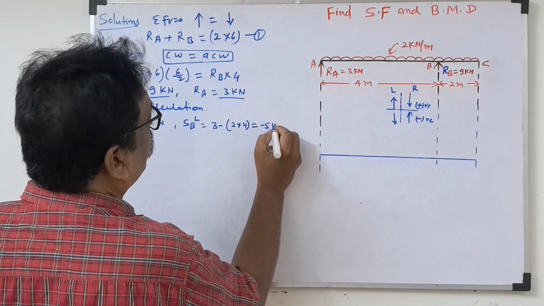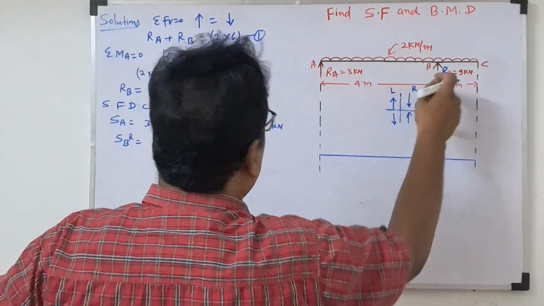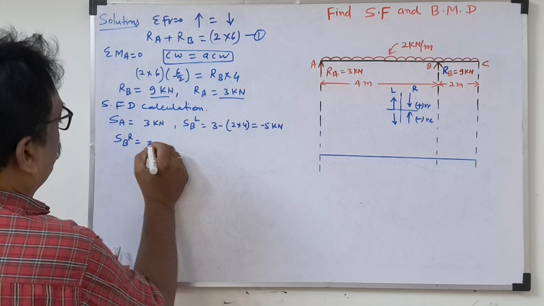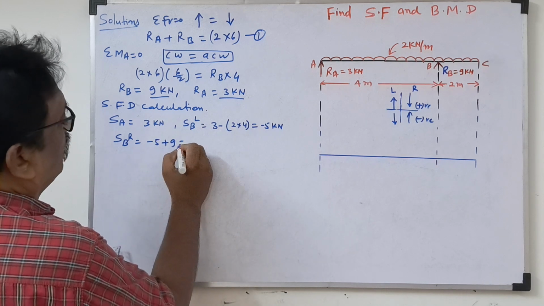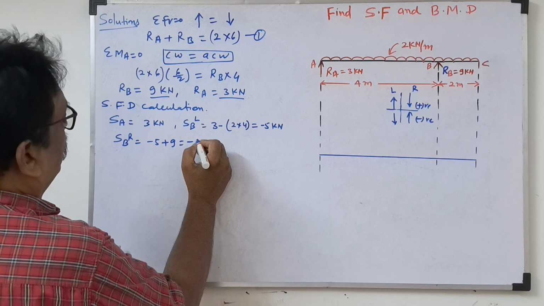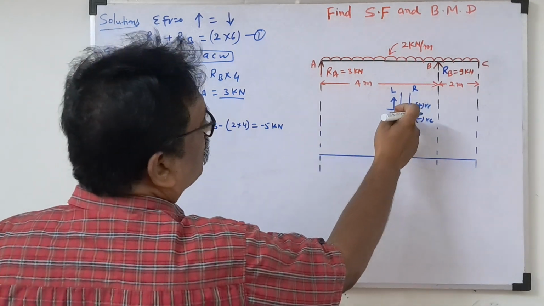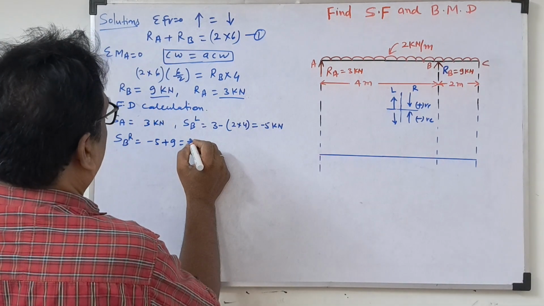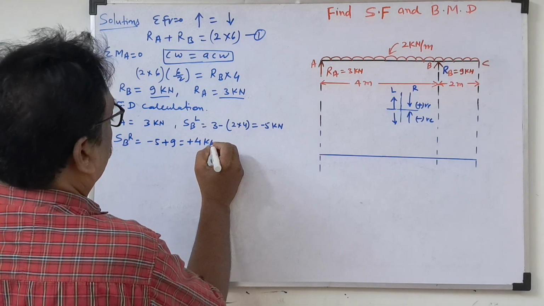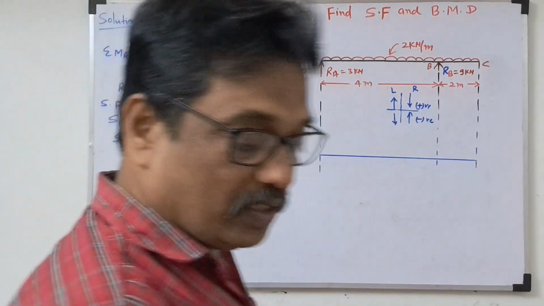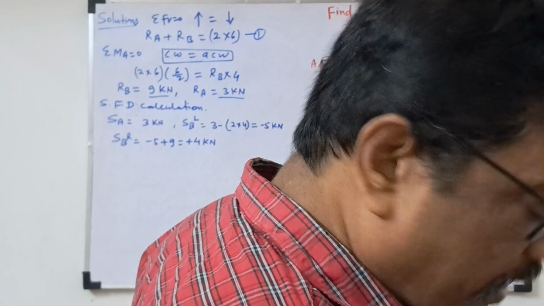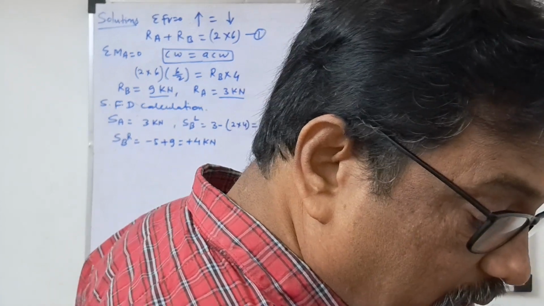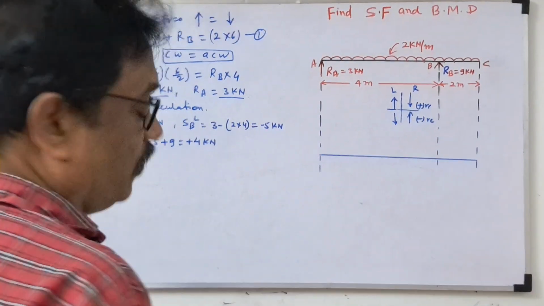So minus 5 kilonewton, SBL is minus 5 kilonewton. Then SBR, now we'll consider RB also. Minus 5 plus 9, upward force positive, so it comes to plus 4 kilonewton. So SBL will be minus 5 kilonewton, and SBR will be minus 5 plus 9, which is 4 kilonewton.